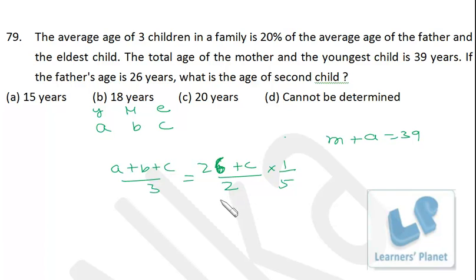We want the age of the second child, that is we want B. So you can see many unknown data are there, so we cannot calculate the value of B over here, okay, because mother's age is just related to the youngest child. It has no relation with the other two children, okay.